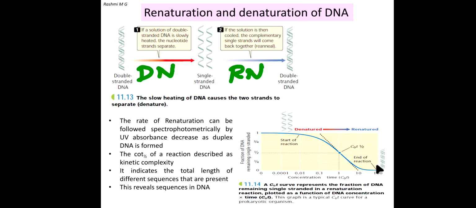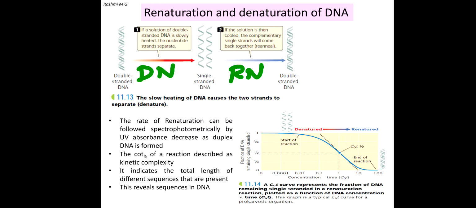This curve is known as the COT curve or C0T curve. The C0T curve of a reaction describes the kinetic complexity. It indicates the total length of different sequences that are present. This reveals the sequence in DNA. So renaturation is very important so that we can see the sequences of DNA elaborately.